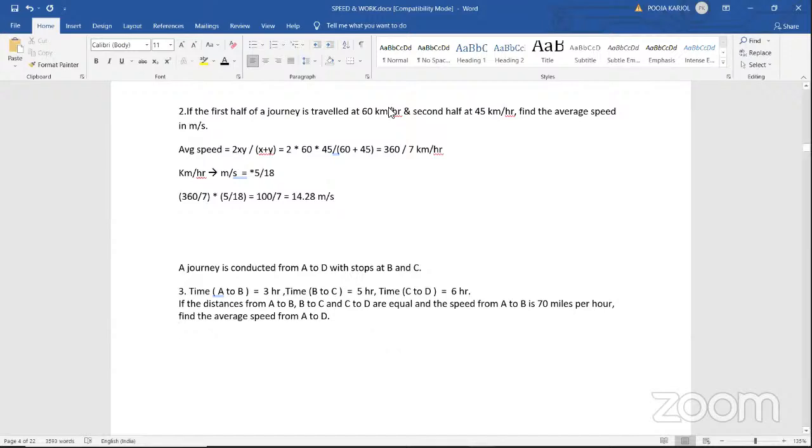Okay. Yes, wait. 4.5. Just check the calculation part.